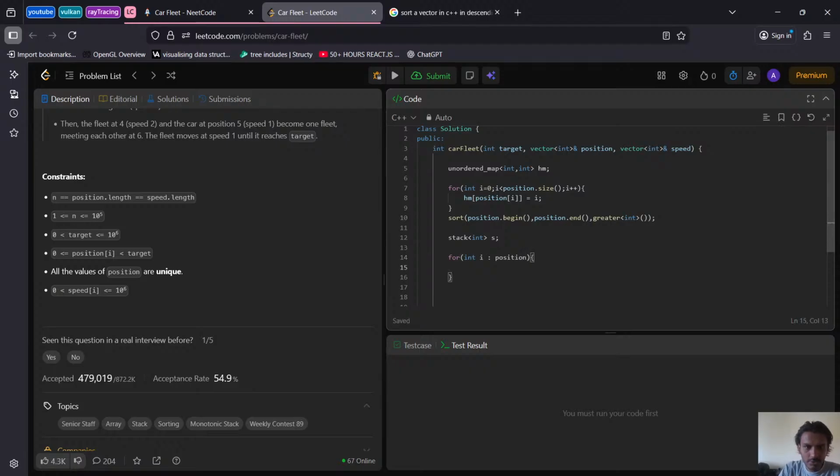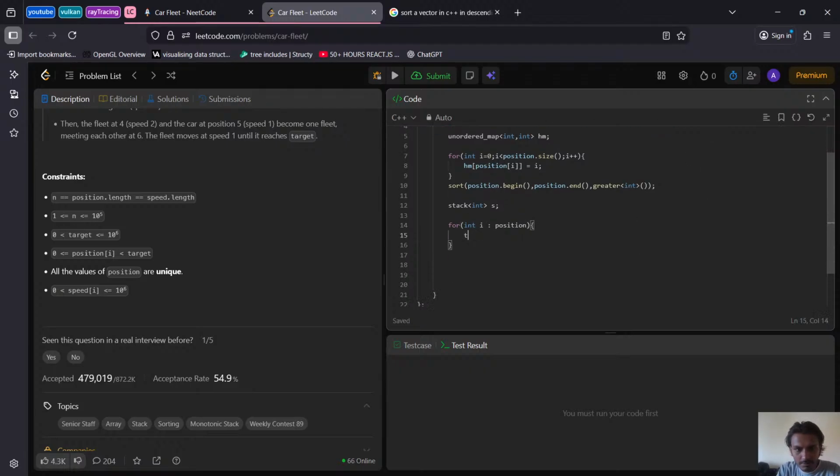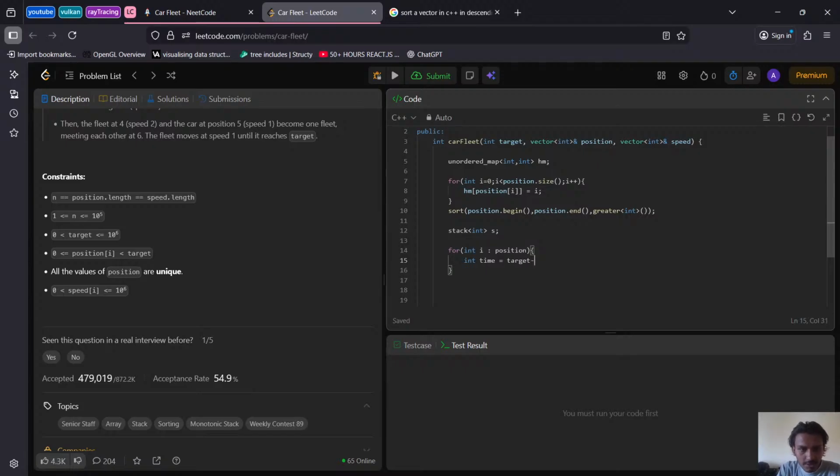So time is equal to target minus i, that is position, divided by speed.